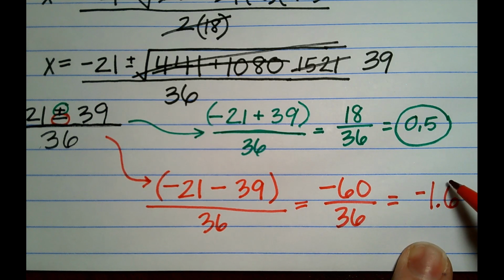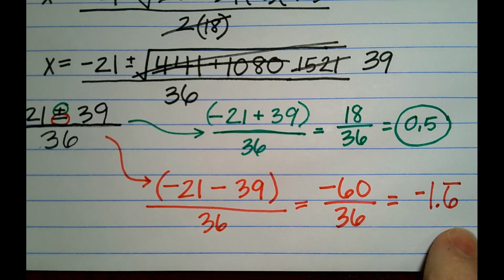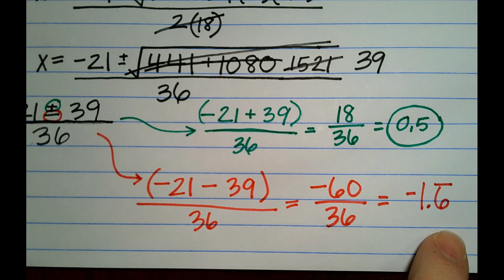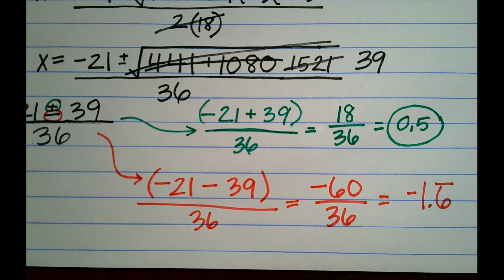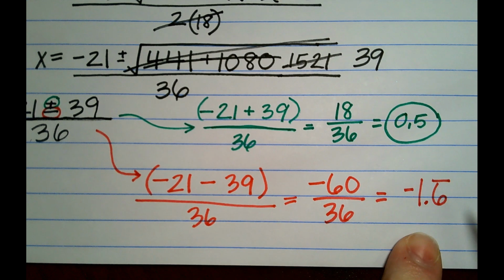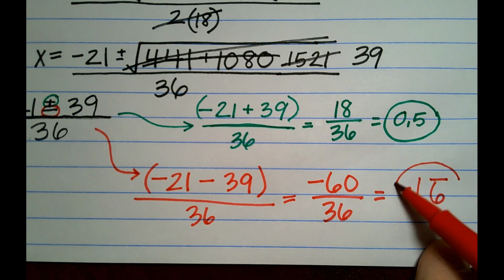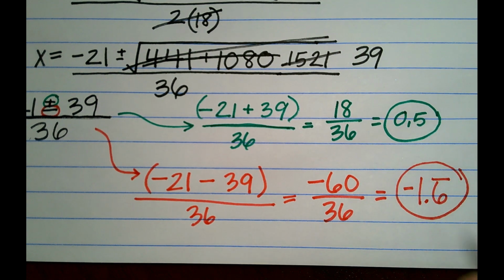It's rounding a decimal up that is actually a repeating decimal, so it's 1.6 repeating. However, if you wrote 1.67 or even 1.7, I won't count it wrong, but this is the most accurate answer, 1.6 repeating. What'd you say? 1.66. That would be right, yes. That's fine with me. And that's our answers.